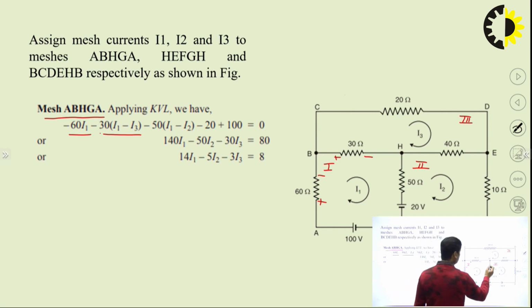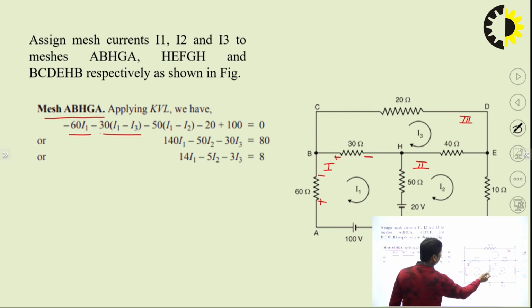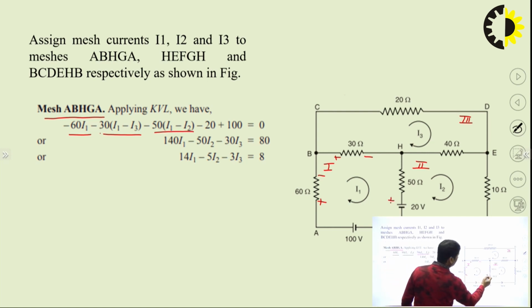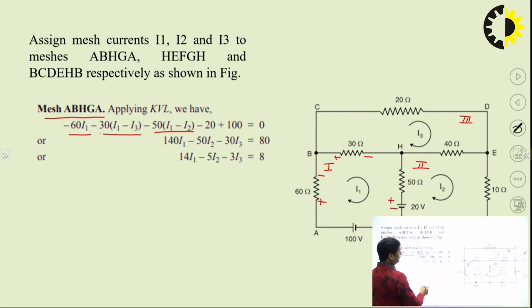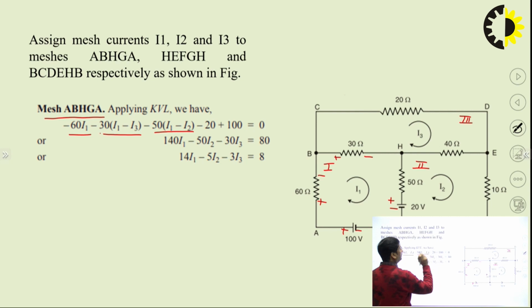Then from H to G, we have a 50 ohm resistance here, the current is going in this direction and is shared, so I1 minus I2, plus to minus, that means there will be a drop in the voltage. So minus 20, and then minus to plus, a rise in the voltage, plus 100.